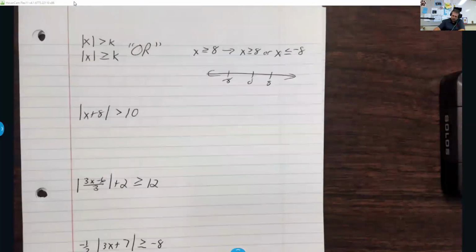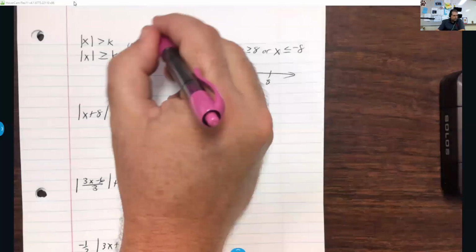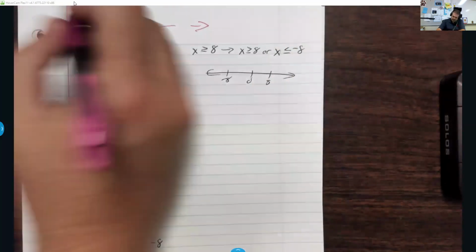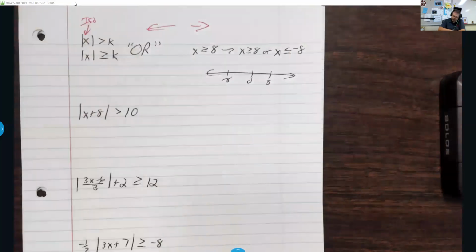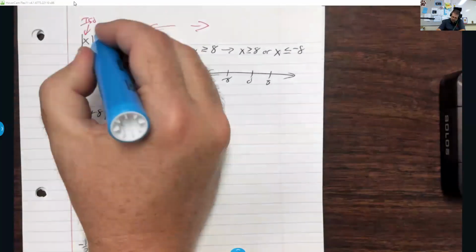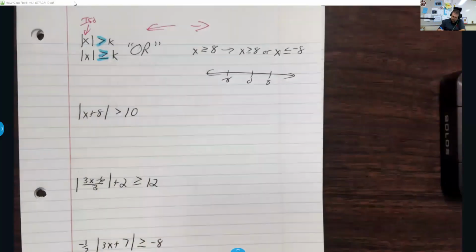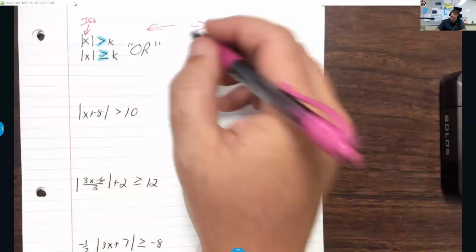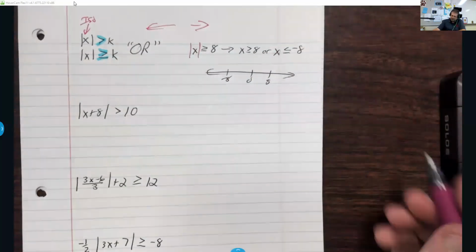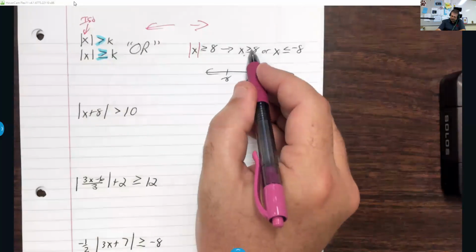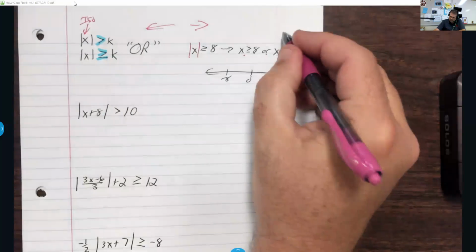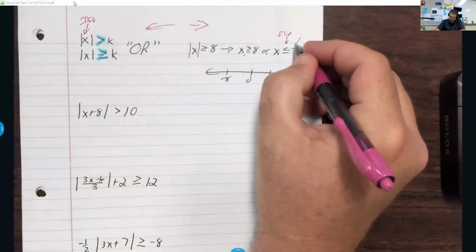All right, so let's talk about ors. Ors are our union. Ors are going to be two rays. Ors happen when you isolate and then you have greater than symbols, greater than or greater than or equal to. So if we look at the absolute value of x greater than 8, that would be the same as saying x is greater than or equal to 8, or x is, flip it and switch it, right?